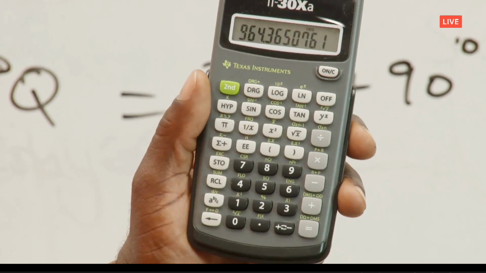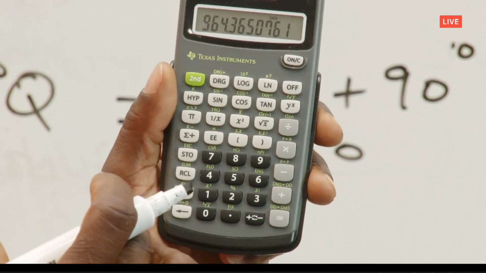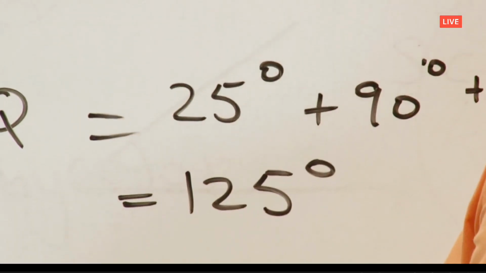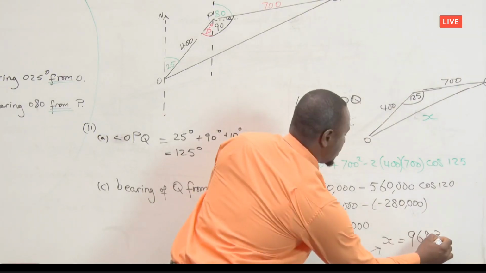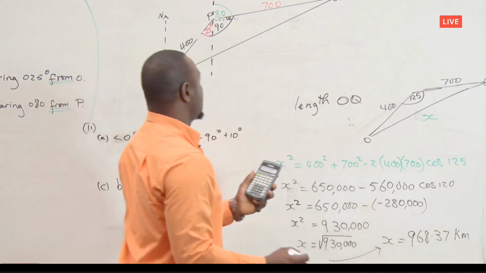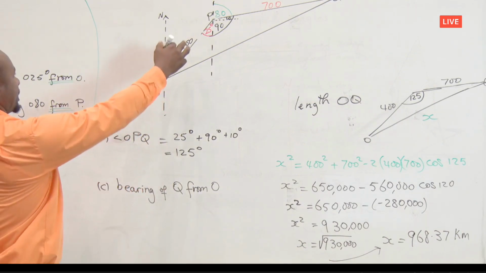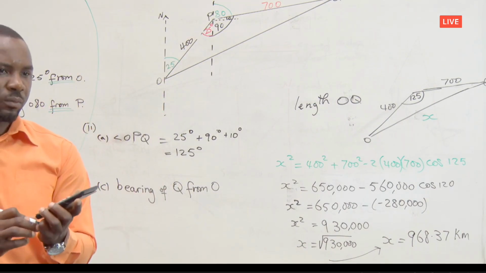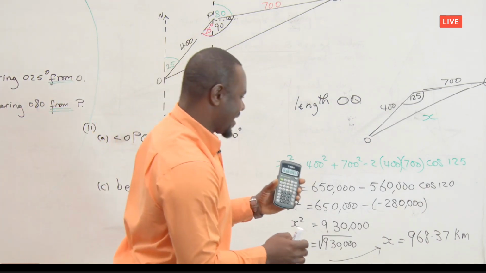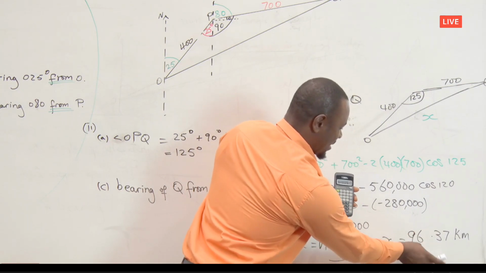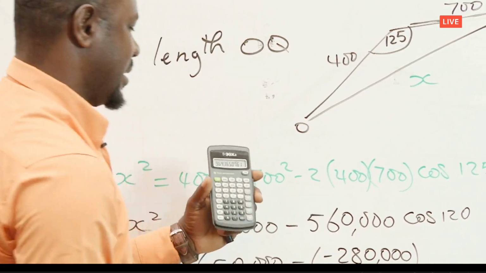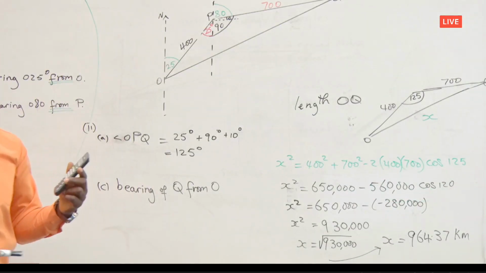Then I take the root of that and I get my value of 985.37. I round it off. Kilometers, because this was given to us in kilometers. Sorry, my mistake, class. Thank you very much. Someone did correct me there. So it's 964, my mistake. So 964.37 kilometers.